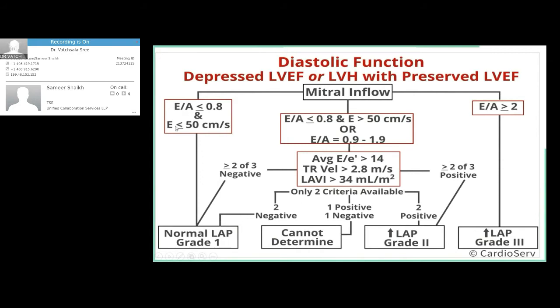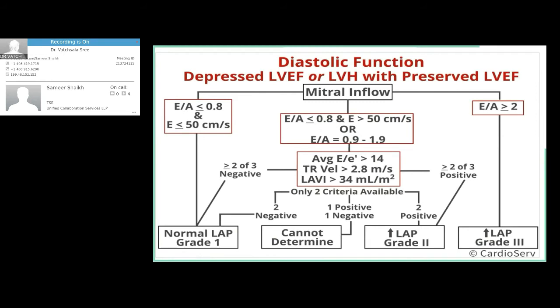Okay. So if the EA ratio is less than 0.8, I'm sure you all know how the EA ratio can be less than 0.8. We established that in a normal individual, the E wave is taller and the A wave is shorter. So whenever the E wave is taller and the A wave is shorter, when you divide those 2 numbers, it should be more than 1, isn't it? So normally the EA ratio is more than 1.5.